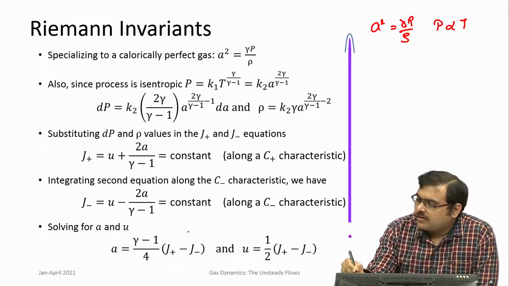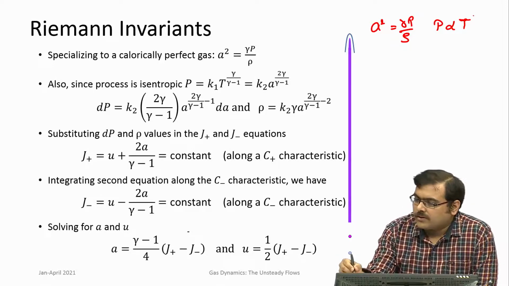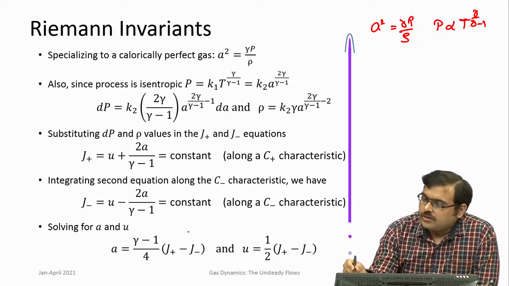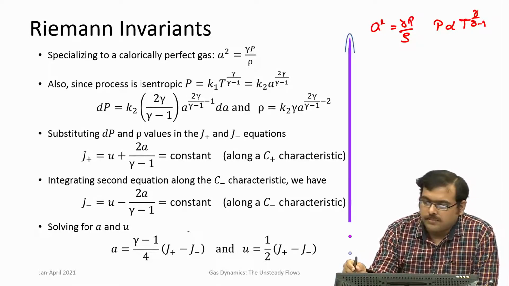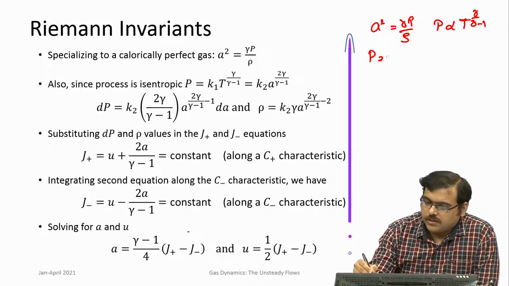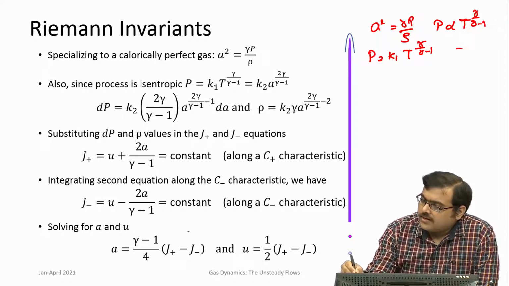The isentropic process is related by p proportional to T power gamma by gamma minus 1. So an arbitrary constant k1 is introduced, p is equal to k1 T power gamma by gamma minus 1. And of course a squared is equal to gamma R T.